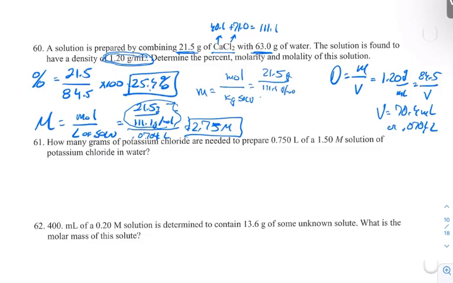That will be the number of moles. But now in the bottom, I'm going to divide by the kilograms of solvent. Well, 63 grams is 0.063 kilograms. So when I do my math there, I'm going to get 3.07, and that is a lowercase m for molality.